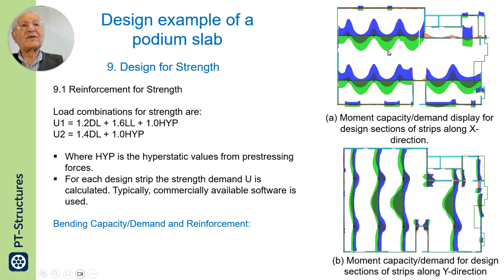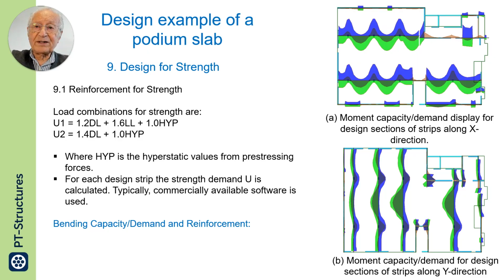That means for safety of this structure, you need not do a design. By design, I mean you need not add reinforcement because the existing capacity exceeds the required demand.